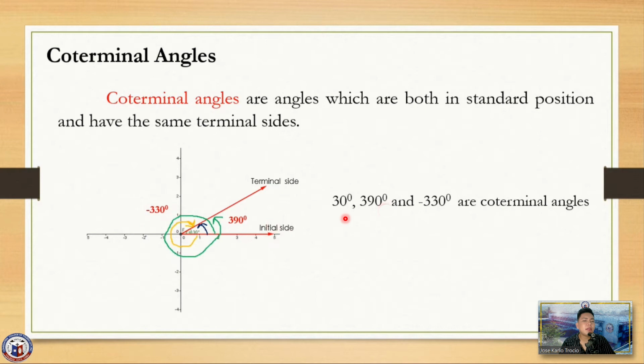Again, coterminal angles could be composed of three angles that have the same initial side. It started in the same initial side and it ended on the same terminal side. And what have you observed? Look at this. Diba? 30 degrees, and this is a full cycle of 360 degrees, the green one, right?